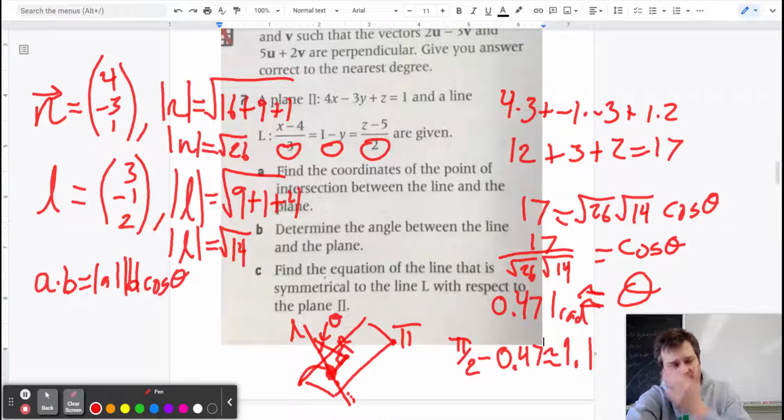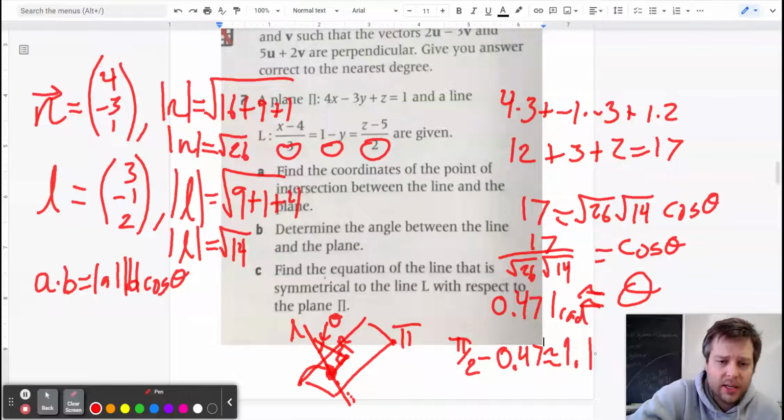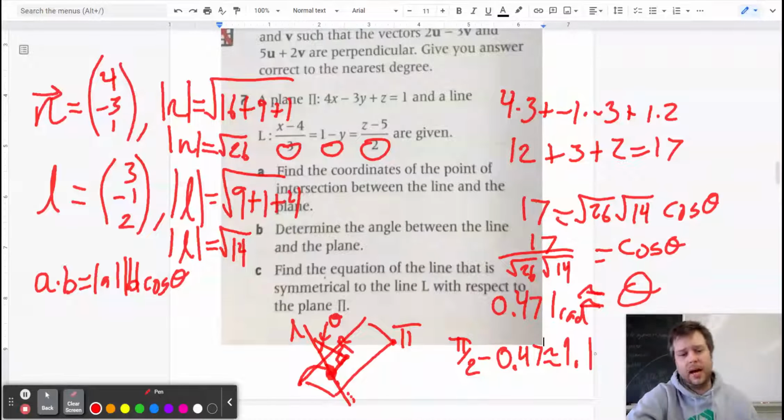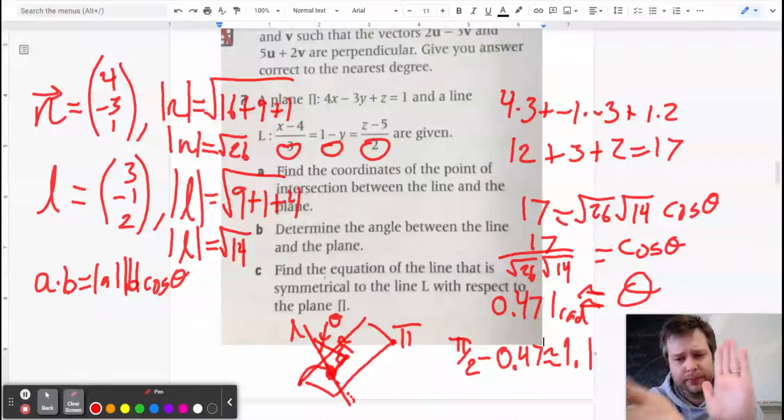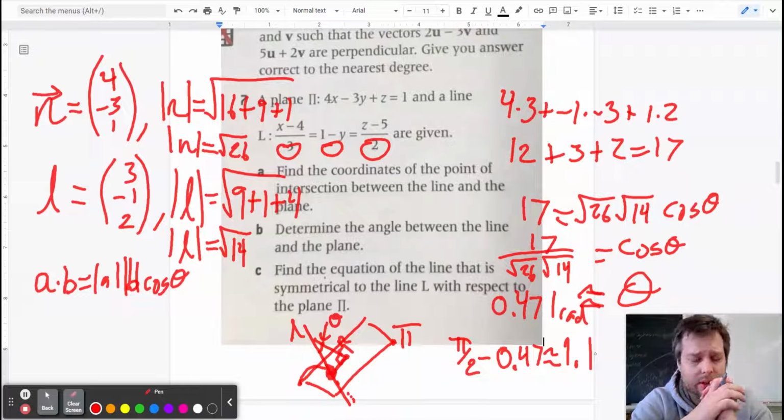Okay, so then find the equation of the line that is symmetrical to the line L with respect to the plane pi. So we need to take our line and reflect it over the plane.